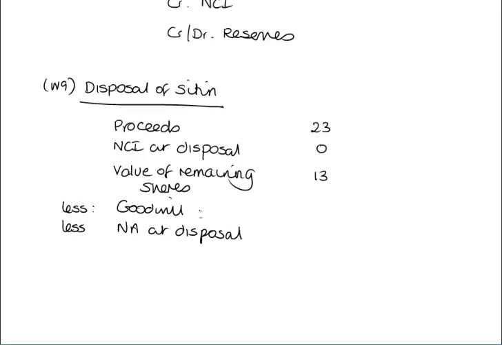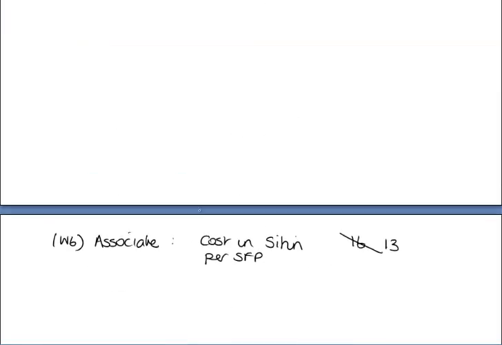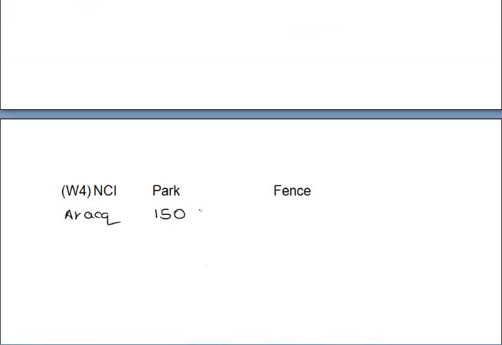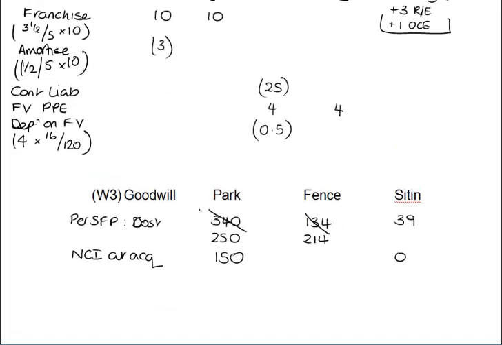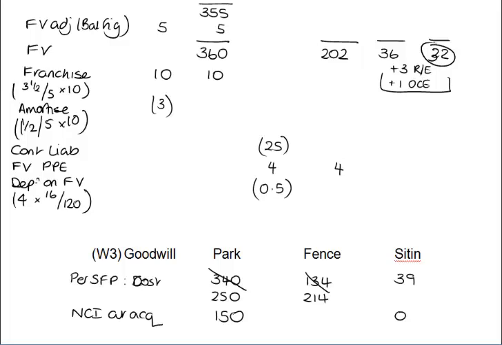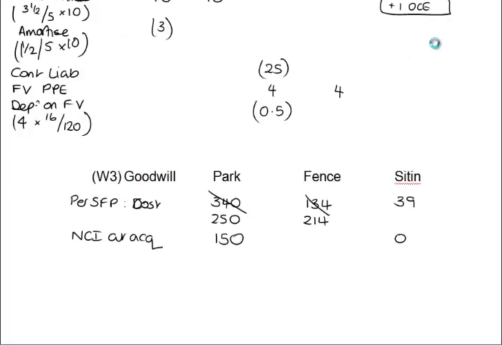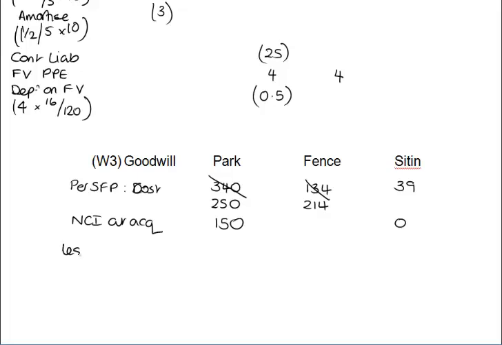Now, what I'm going to do here, I'm going to break from normal strategy because we've actually got the information. At the acquisition date, the net assets are 32. We know that the cost was 39. So I'm going to say here, less net assets at acquisition are 32.